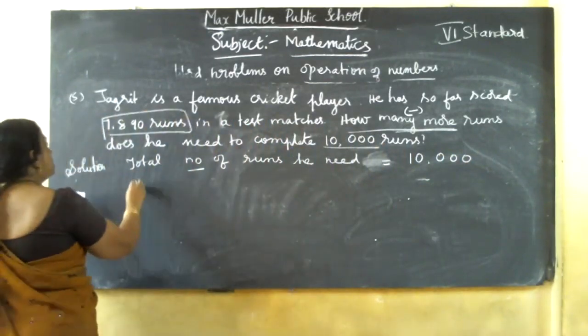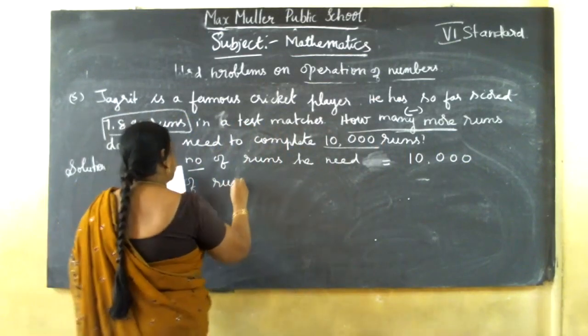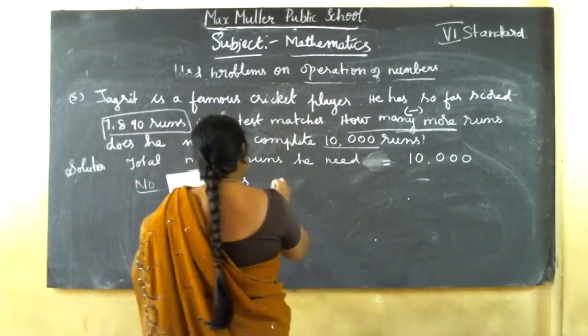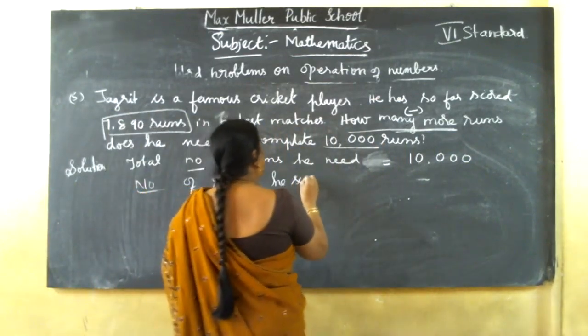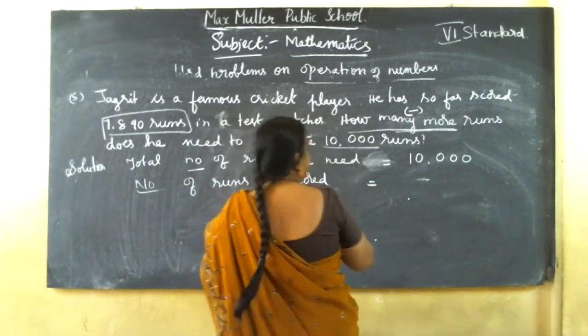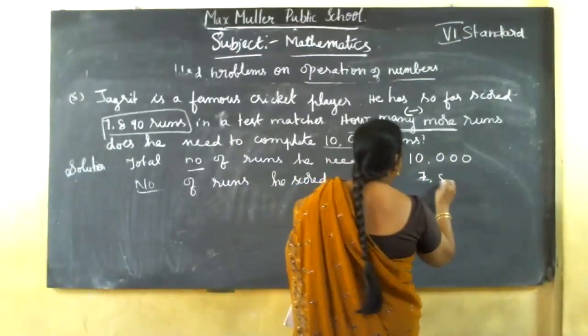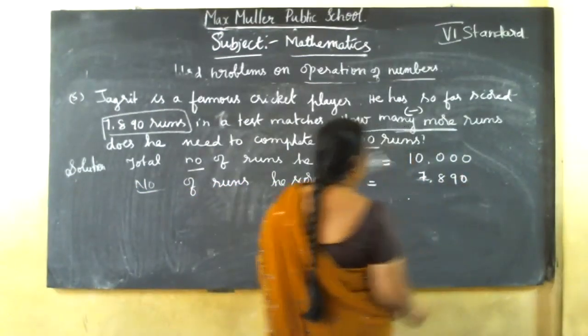The number of runs he scored so far is 7,890. See the place value, you should arrange it properly.